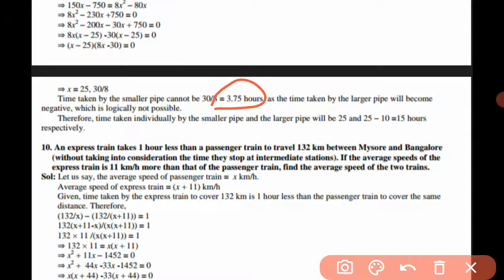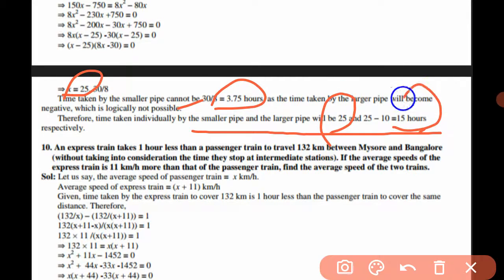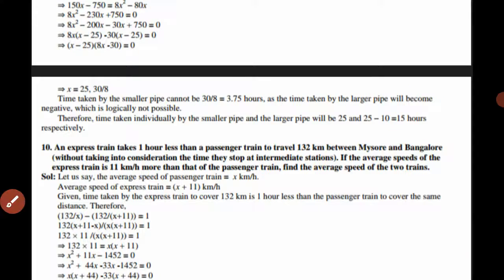But then the time taken by the larger pipe will become negative, which is not possible, time cannot be negative, so we will take the value of x as 25. So the time taken individually by the smaller pipe and the larger pipe will be 25 and 25 minus 10, that is 15 hours. So one pipe will fill the tank in 25 hours and the other pipe will fill the tank in 15 hours. So in this way we can do this question.